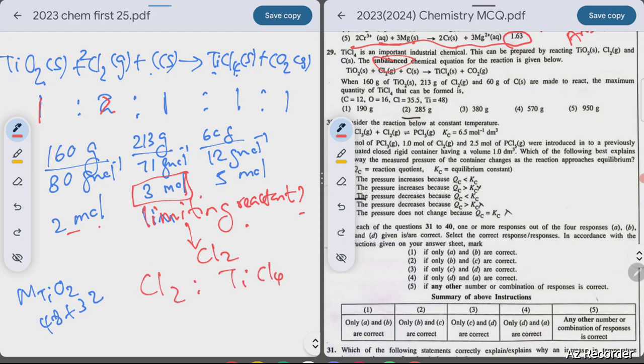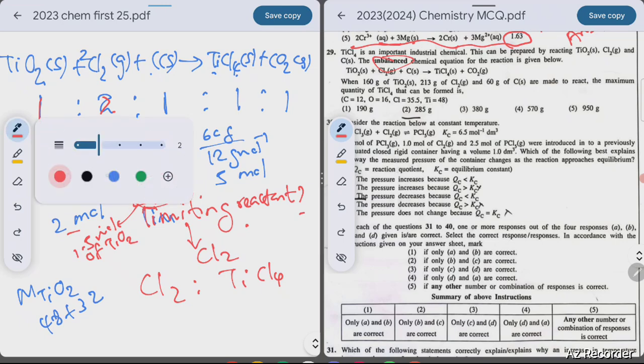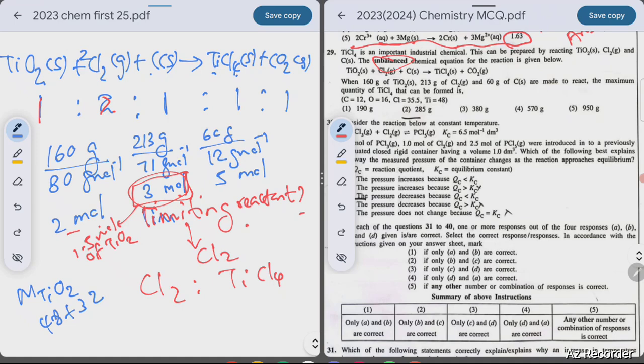Now let's see, it is 3 moles of Cl2. Now how many TiO2 react with 3 moles of Cl2? 1.5 moles of TiO2 react with this Cl2. Right? So it is present in excess.